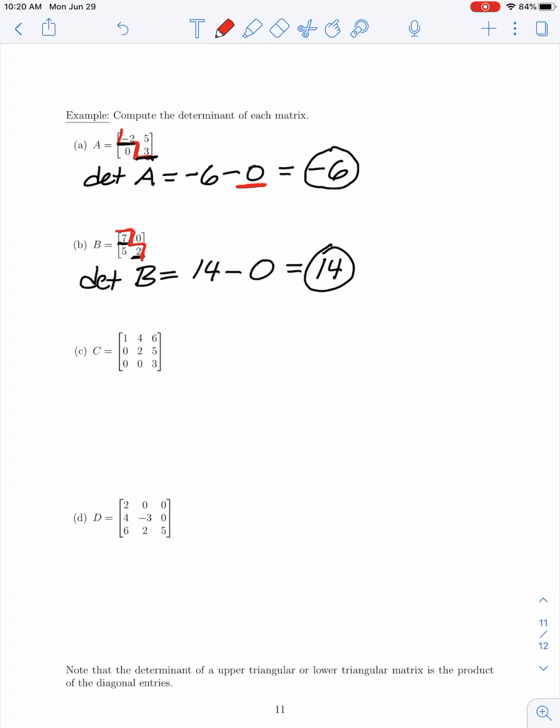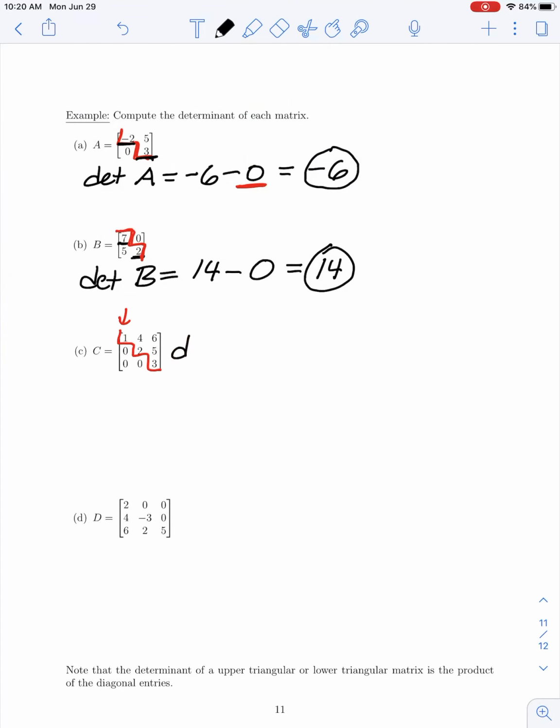All of the entries above those main diagonals we saw are 0. So in part C, we now have a 3 by 3 matrix, and we see that for all of the entries below our main diagonal, we have zeros. So that matrix is said to be in upper triangular form. Let's look at our determinant by taking a cofactor expansion down the first column, since that seems to have a lot of 0 entries.